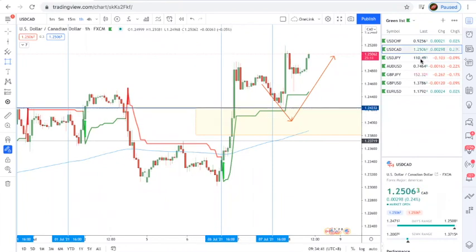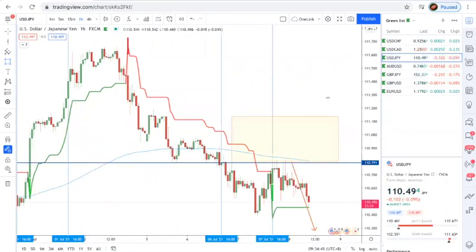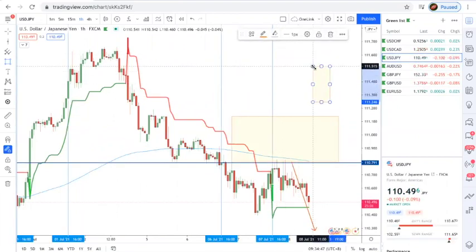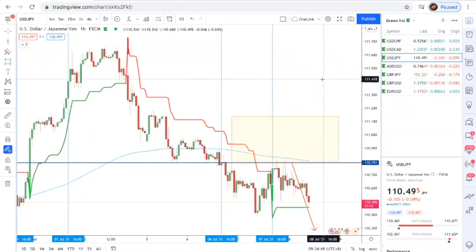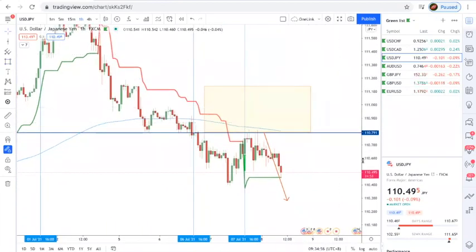And then we go for USD JPY, another one exactly. You saw that USD JPY, the market exactly went and tipped off.